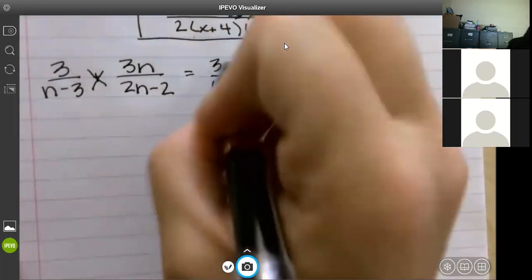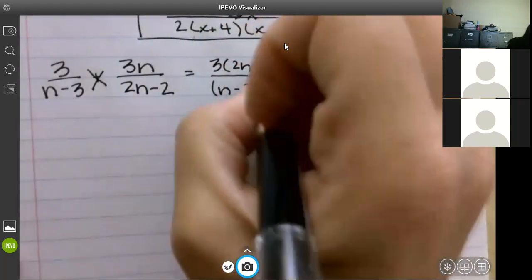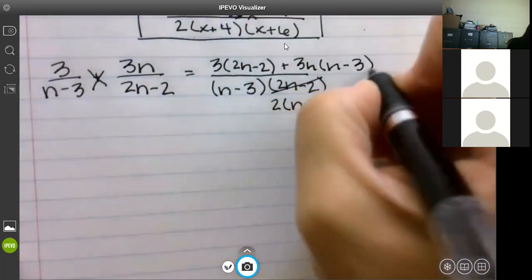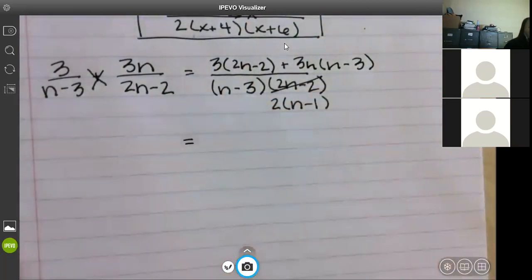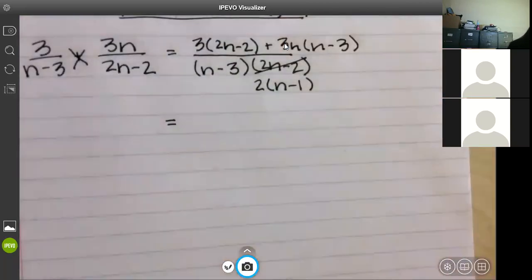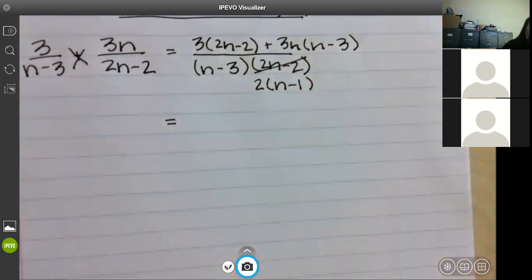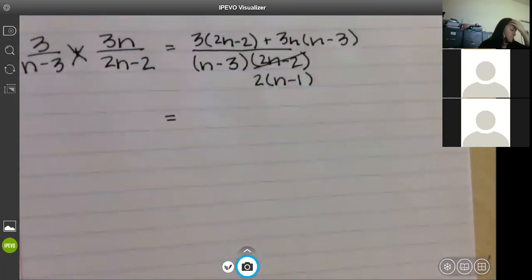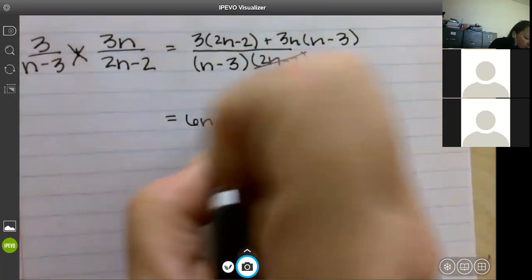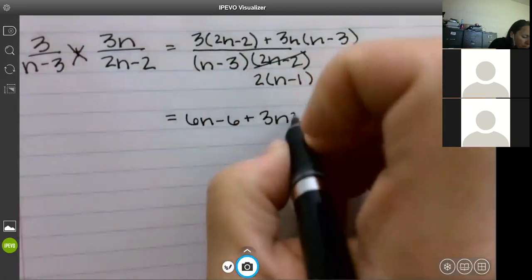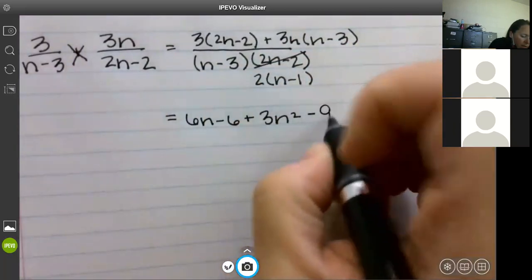So 3 times 2n minus 2 plus 3n, n minus 3. What does that give you on the top? 6n minus 6 plus, keep going, minus 9n.